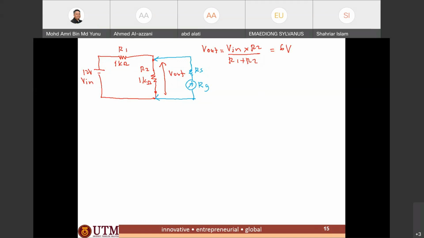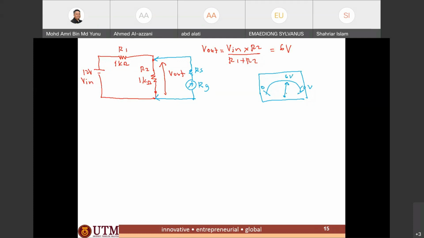So the output on the galvanometer, in physical form, there will be a display like this, let's say 0 to 10 volt. Ideally, we assume that the indicator will show 6 volt.